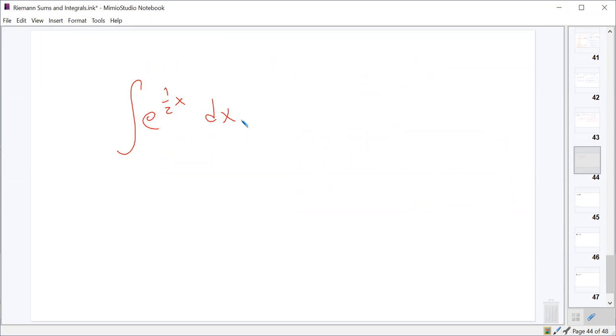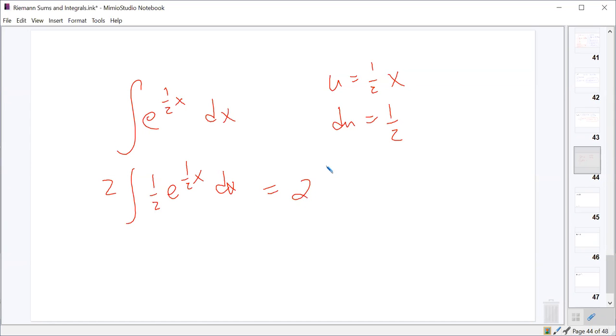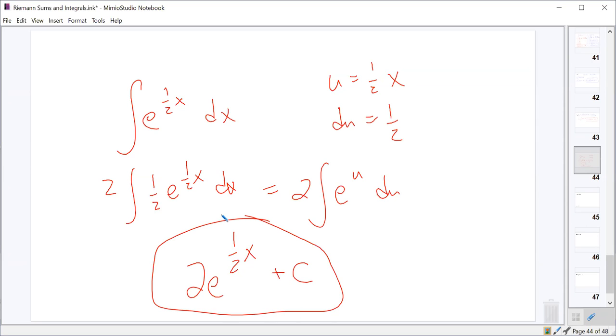What would u be? u would be 1/2 x, right? And du would be a half. So we'd end up with 2 times the integral of 1/2 e to the 1/2 x dx, or 2 times the integral of e to the u du, or 2 e to the 1/2 x plus a constant, right?